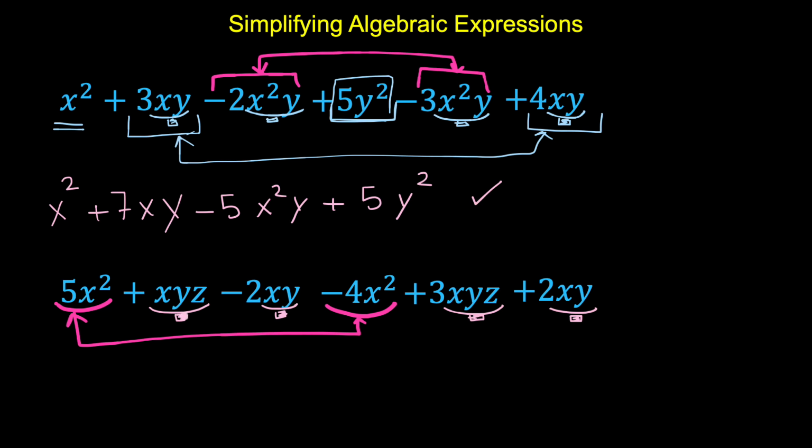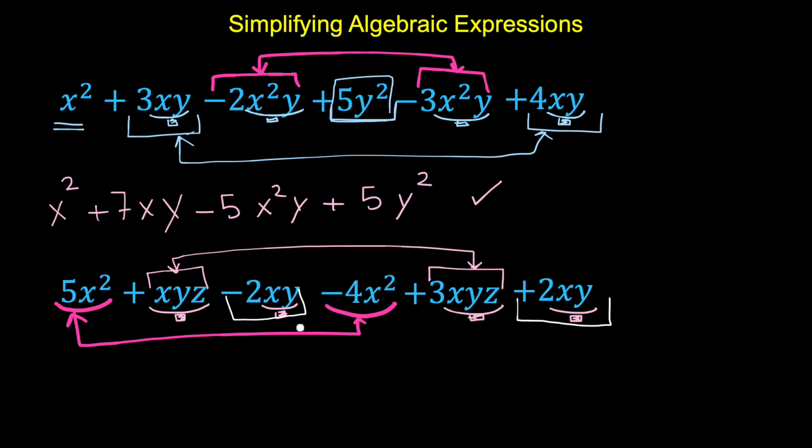And here we have a basket including x, y, z, so we need to look for another basket with x, y, z, and here, so both terms are like terms. And here we have another basket with x and y in it, so we are looking for another basket including x, y, z here. So both terms are like terms too.